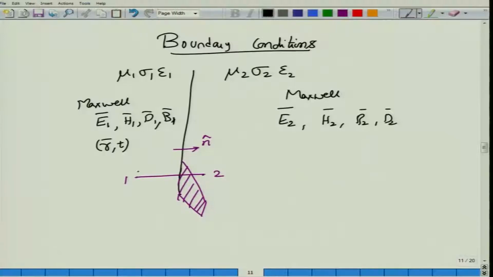Now by some means, we do not really know what those means are, we have calculated the electric field, let us call this E1, and we have figured out its direction at this particular time is given by this black arrow.